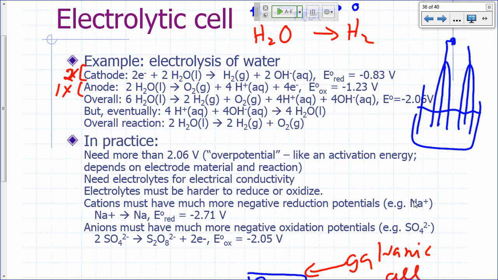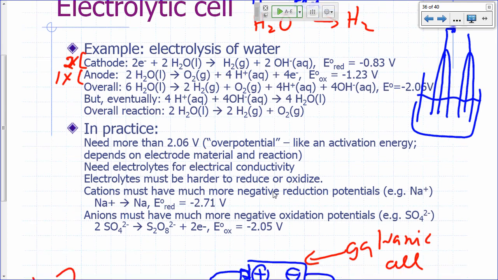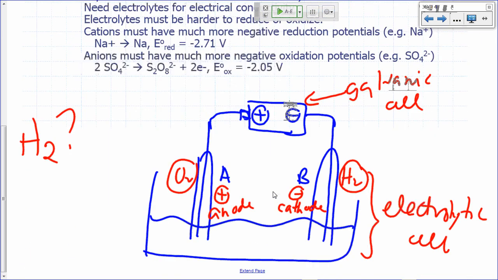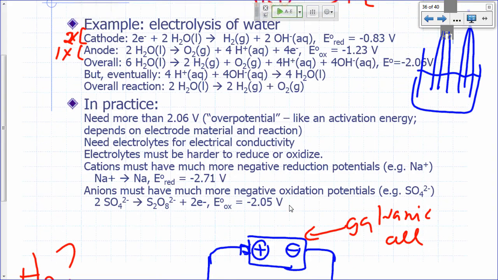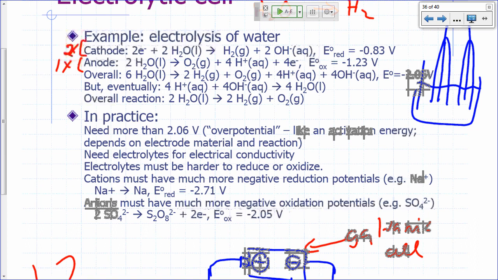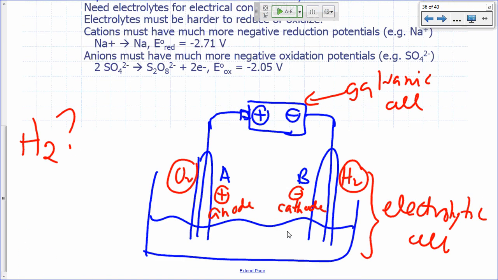Okay, let me give you another clicker question. Which side will become basic as the electrolysis goes on and which side will become acidic? Where is hydroxide produced? At the cathode, right? So the generation of H2 will also give you hydroxide, and the anode will give you H plus over here.